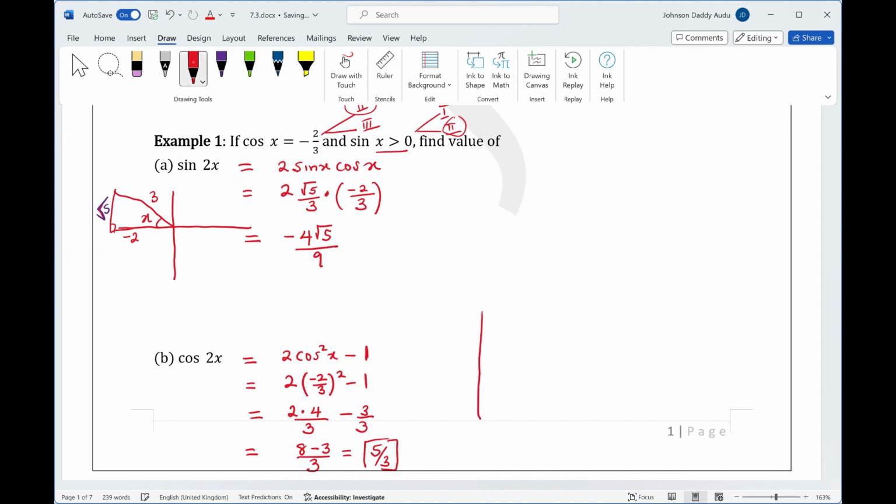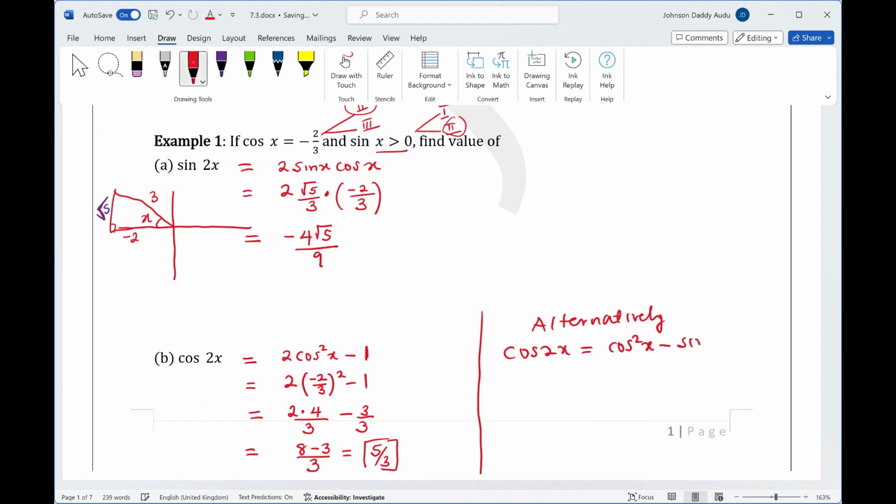Now, another way we can solve it, this is an alternative, is to use cosine 2x, which is nothing but cos squared x minus sine squared x. And what is cos squared?